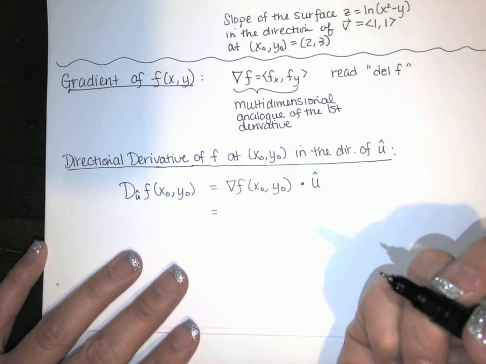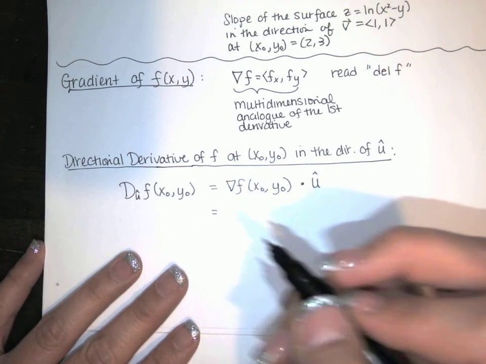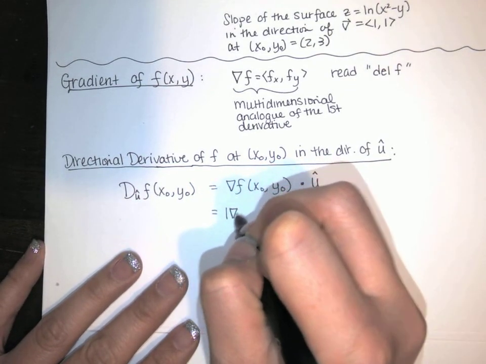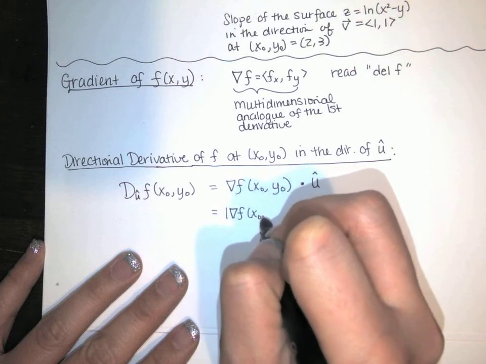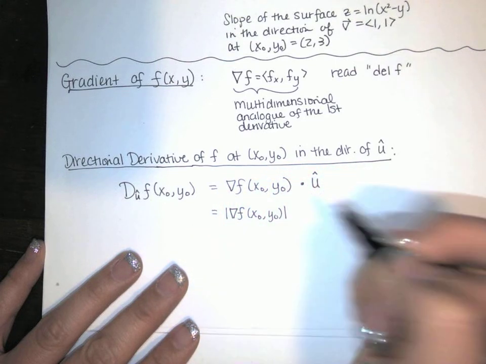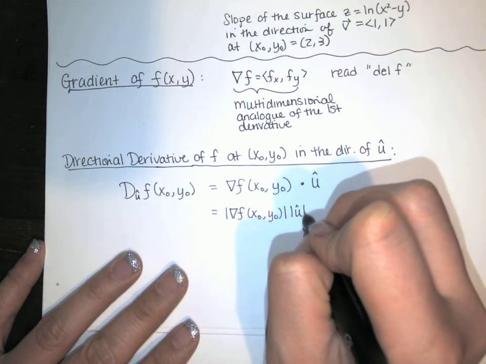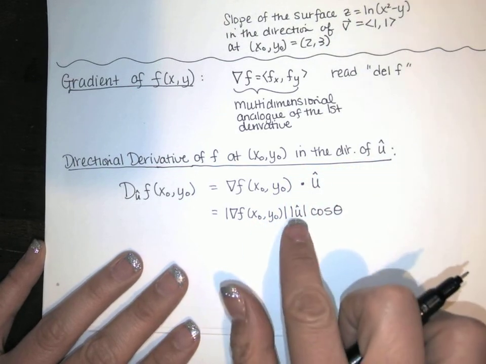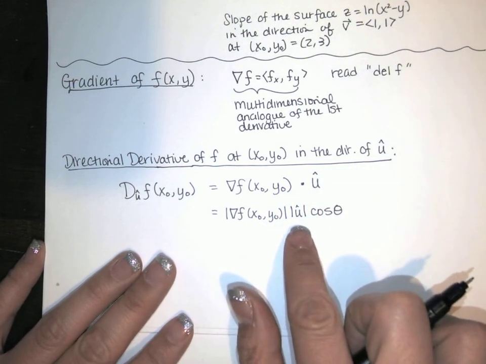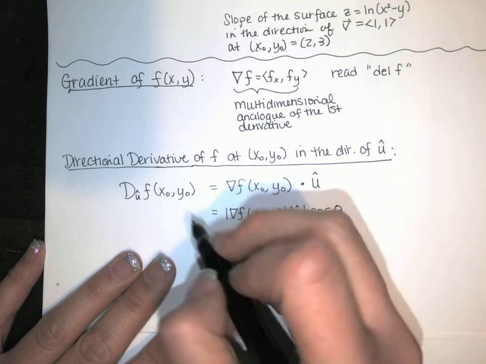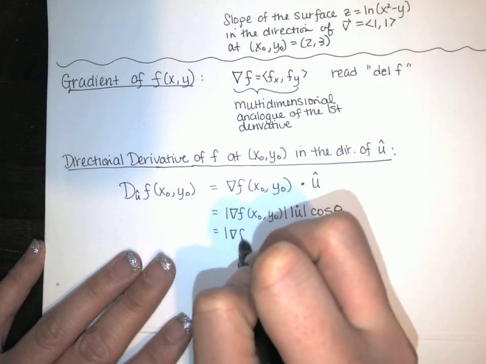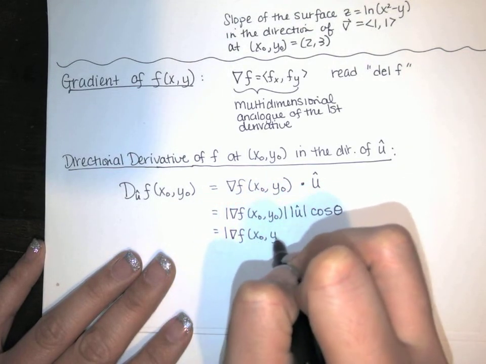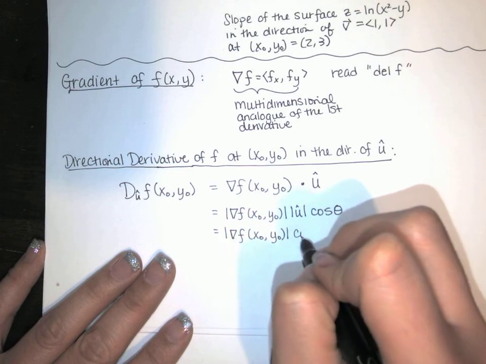The geometric definition of the dot product of u and v was the magnitude of the first vector times the magnitude of the second vector times the cosine of the angle between them. But this u hat is just a unit vector, so its length is 1, so that's gone. So now I've got the magnitude of the gradient times cosine of theta.